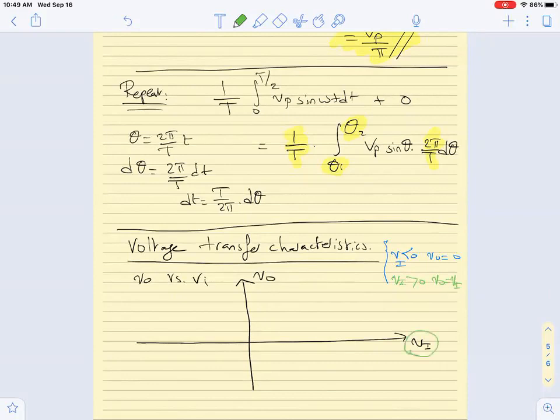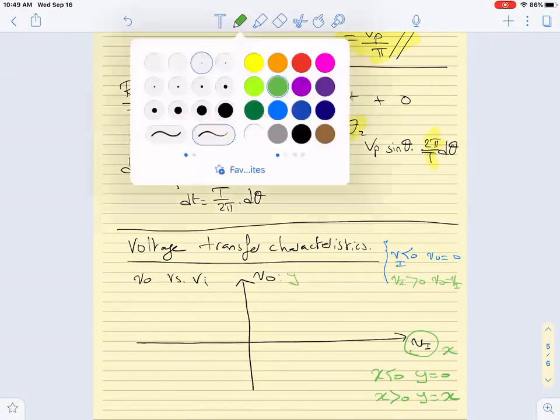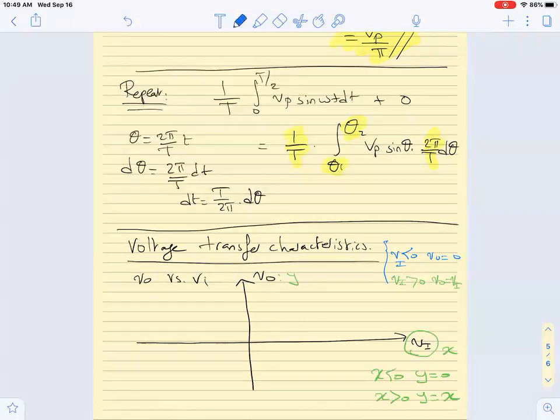I'm treating it as a variable, so when x is negative y is 0, and when x is positive y equals x. Right? So if I want to draw this, assume this is my x and this is my y. When x is negative, what is y? Zero. And when x is positive, my y equals x. How do we draw the y equals x line?